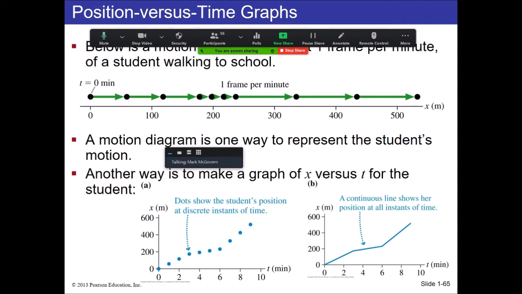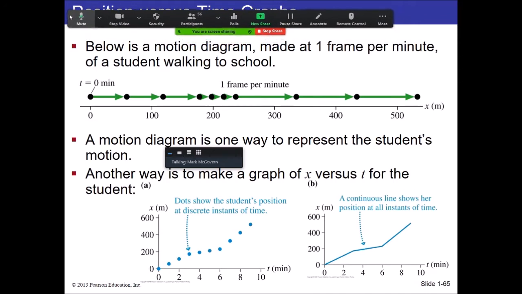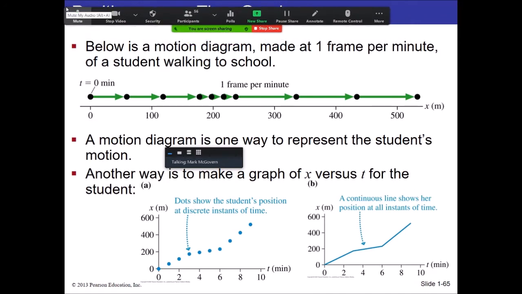And so the way we're going to do that is we're going to start to develop what we call position time graphs. So in this picture here, we have a motion diagram of somebody walking to school in a straight line, apparently. And we have a coordinate system placed down to help us put some numbers behind things. And each delta t apparently is a minute in this picture here.